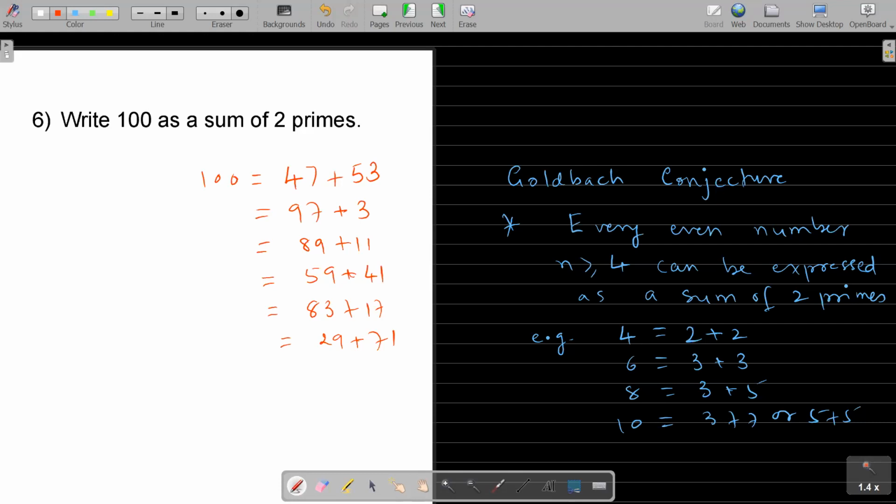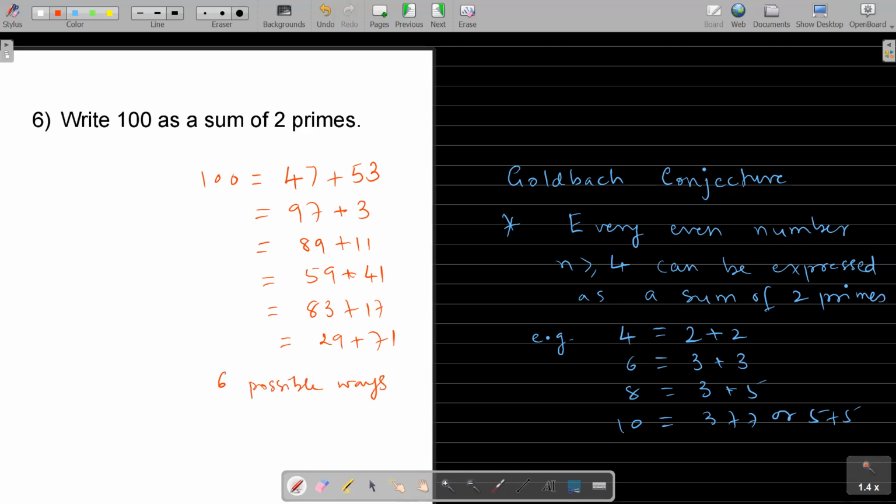Anything else? No. So I think these are all the possible answers. These are the 6 possible ways for 100.